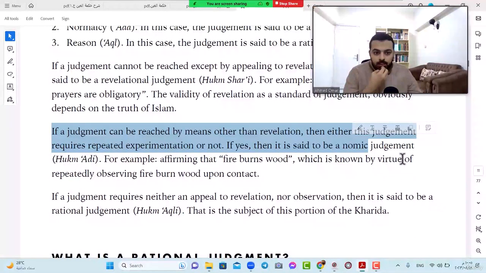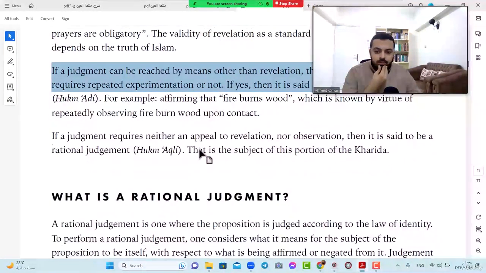If yes, then it is said to be a gnomic judgment, hukm adi. For example, affirming that fire burns wood, which is known by virtue of repeatedly observing fire burn wood upon contact. If a judgment requires neither an appeal to revelation nor observation, then it is said to be a rational judgment, hukm aqli. That is the judgment of this portion of the Kharidah.